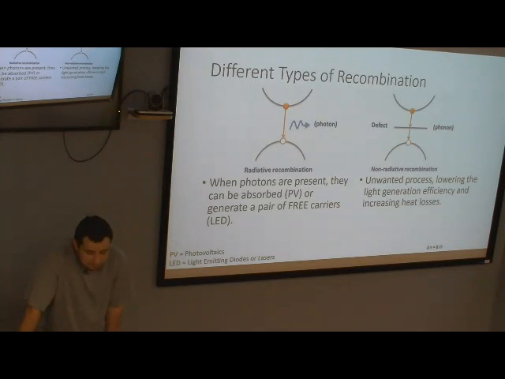Okay. So for PV, photons are absorbed. Period. For LED, photons are emitted. Period. But not a free carrier, right? I'm not sure. And then the third sentence: due to recombination of free carriers, photons are emitted.